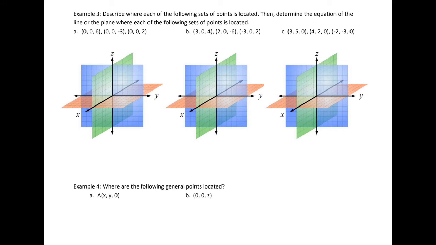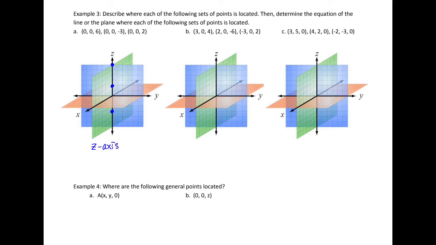So we do 1, 2, 3, 4, 5, 6, the point right here. And there's another one, 0, 0, -3. So once again, 0 for x, 0 for y, but -3 for the z. So we have -1, -2, -3. It's going to be here. Next one, 0, 0, 2 will be here. So as you can see, all those 3 points are located on the z-axis.